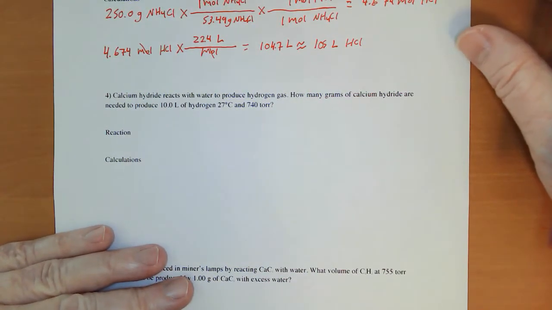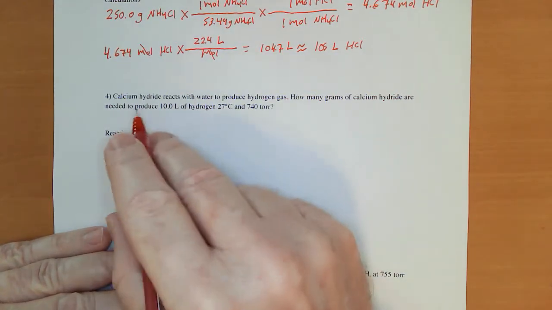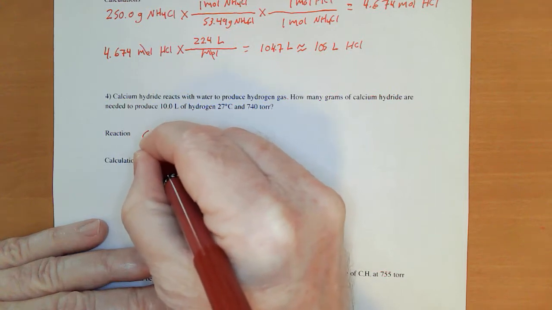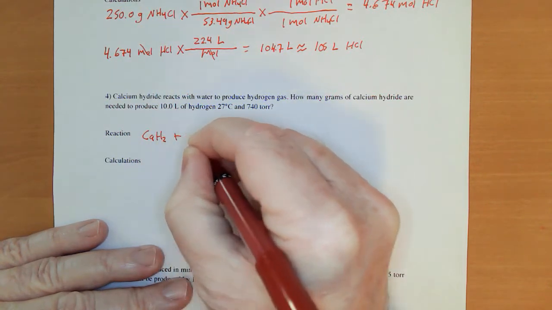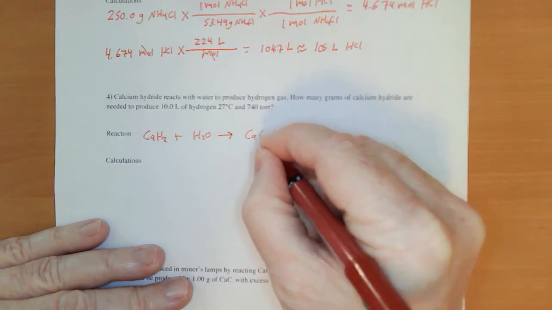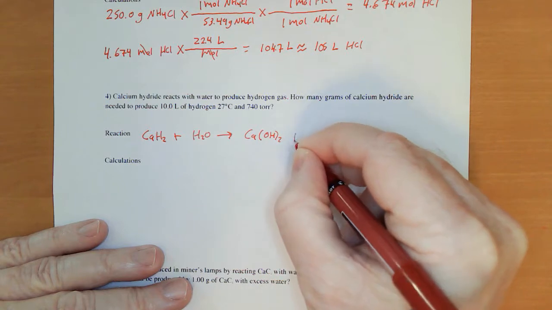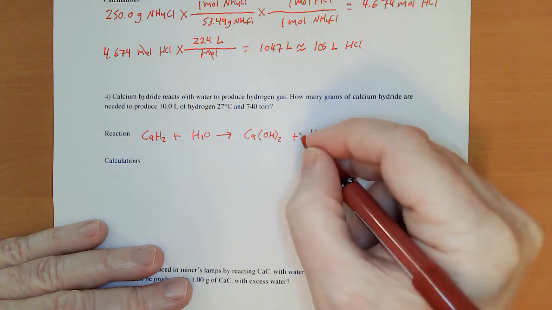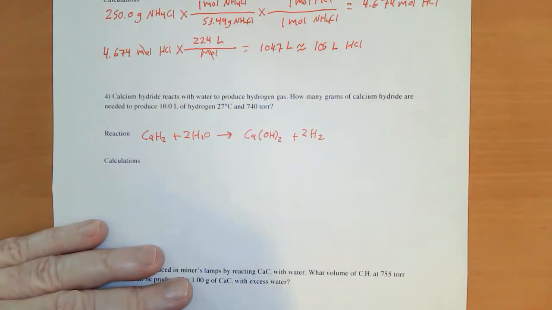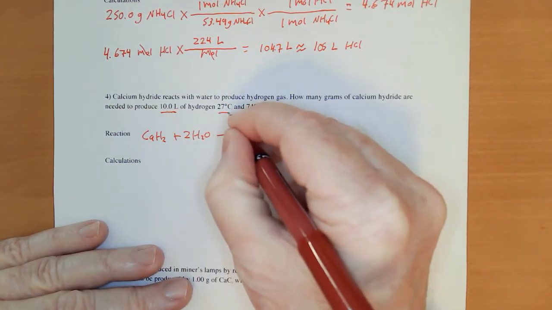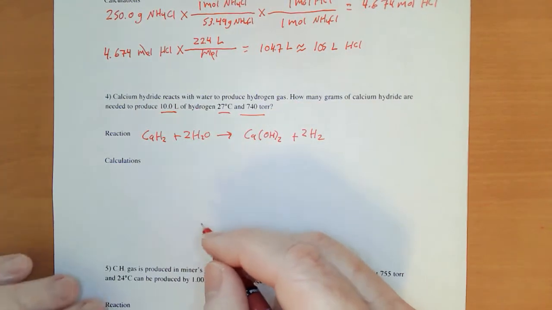Now, let's go on. Look at a new reaction. Calcium hydride reacts with water to produce hydrogen gas. CaH2 plus H2O. That's going to give me Ca(OH)2 and H2. And to balance that out, I need a 2 there and a 2 there. Now, I want to produce 10 liters at 27 degrees and 740 torr.